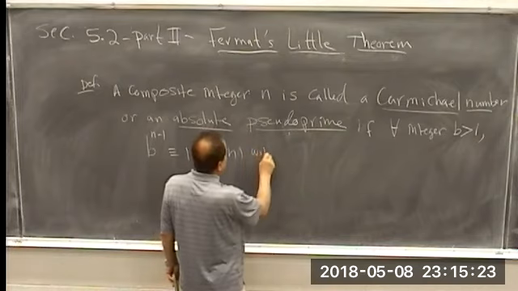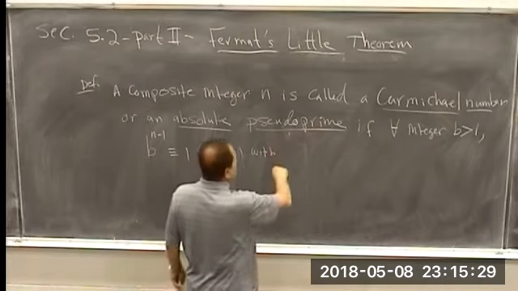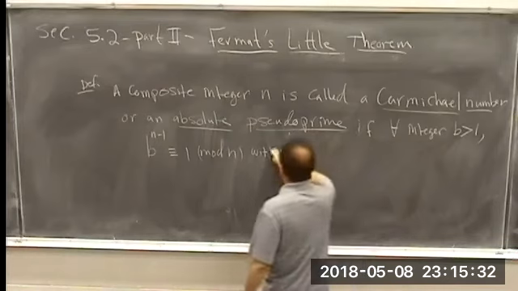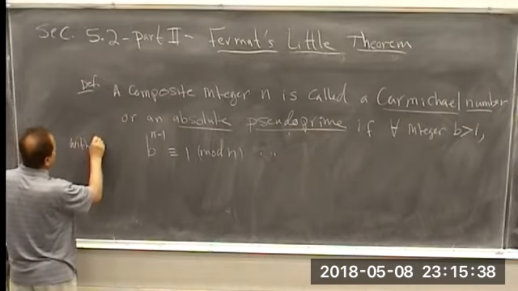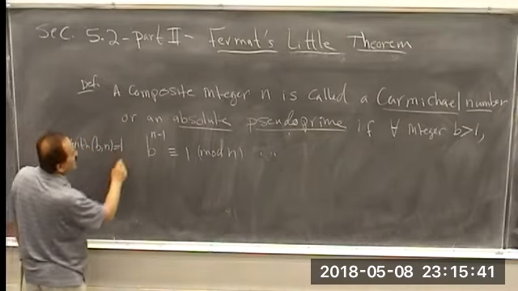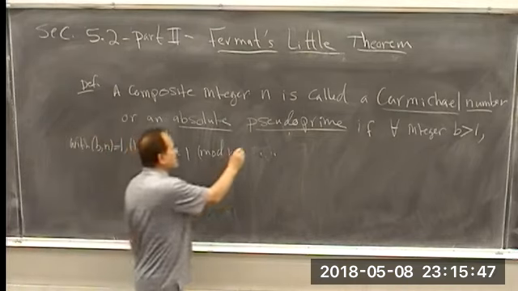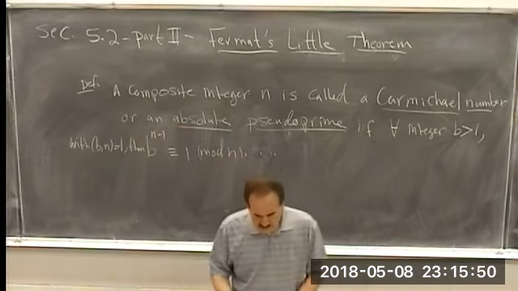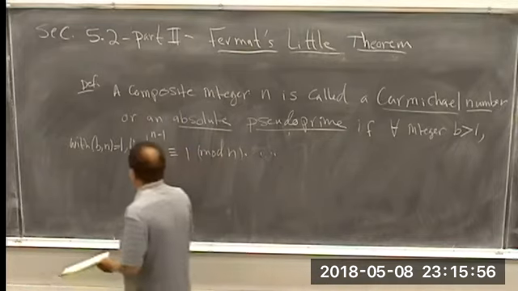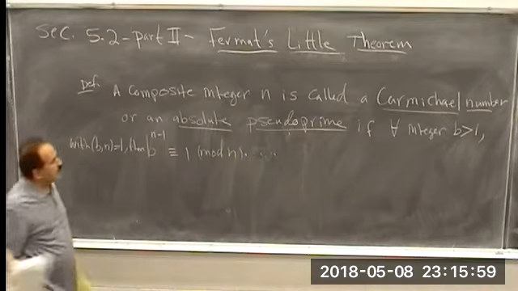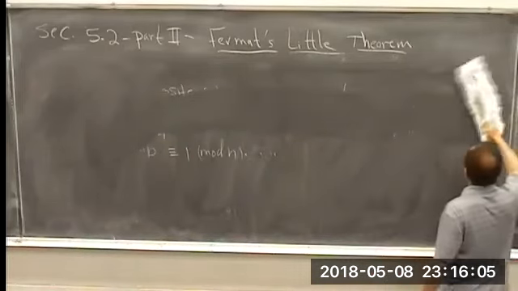Then this congruence holds. All right? And let's look at an example of a Carmichael number, the smallest one. Once we prove some theorems, we could generate many more.